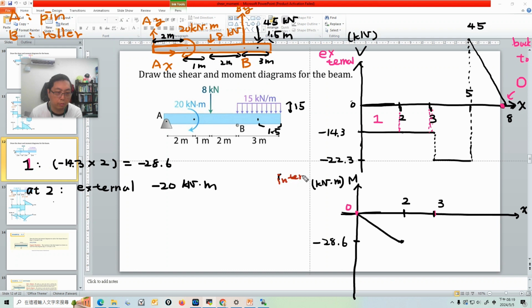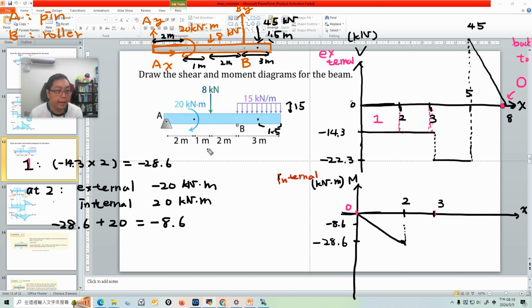So right now we have the external moment at position 2, minus 20 kilonewton times meter. That means the internal moment at this position is positive 20 kilonewton-meter. So we add 20 to minus 28.6, and it becomes minus 8.6. I'll draw it here: minus 8.6.